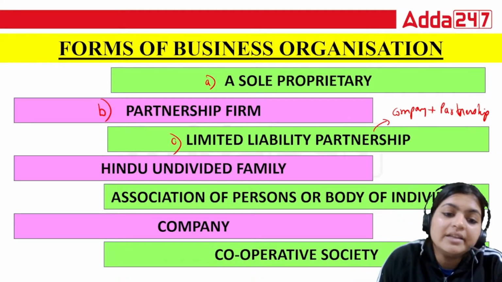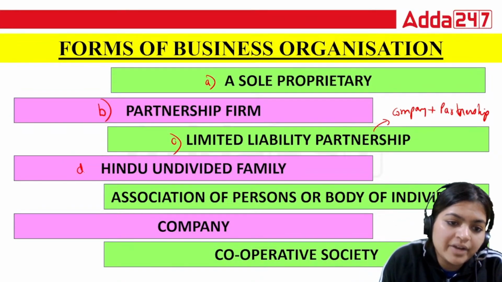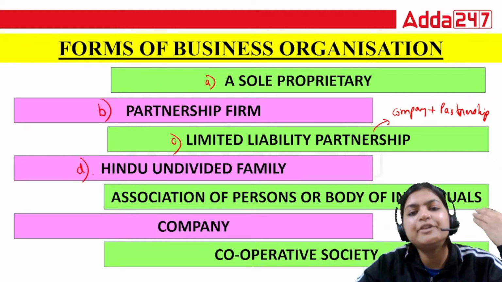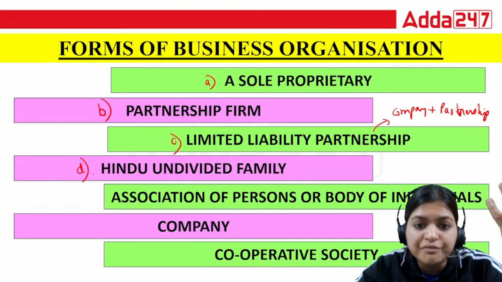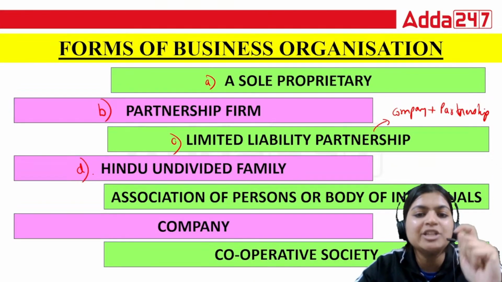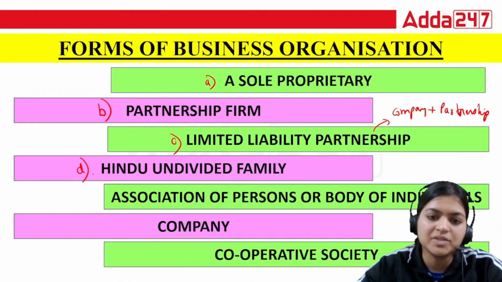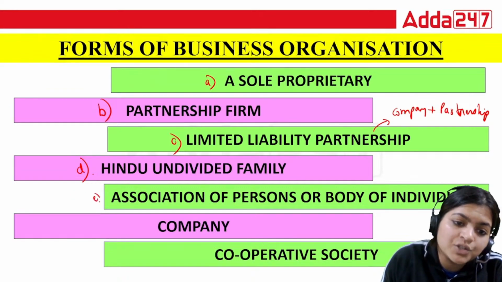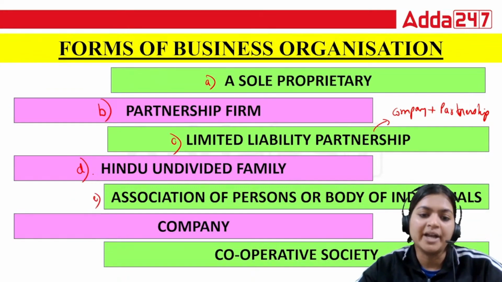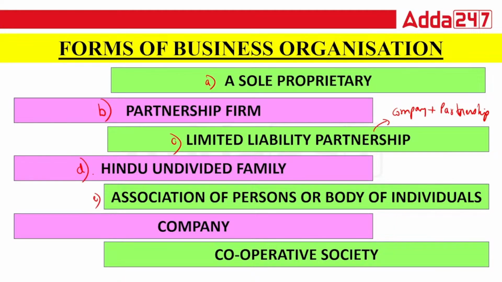Yes. Then next you have Hindu undivided family. So basically, if you're from Hindu family, Sikh family, Jain family, you can start your HUF. Yes, this is one of the ways through which you can do your business.